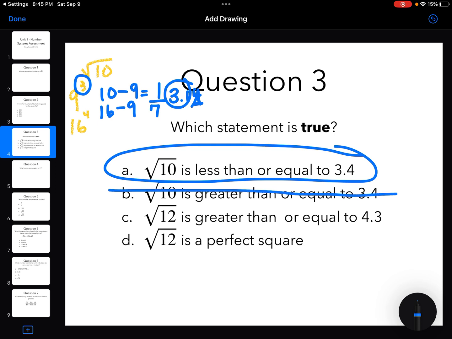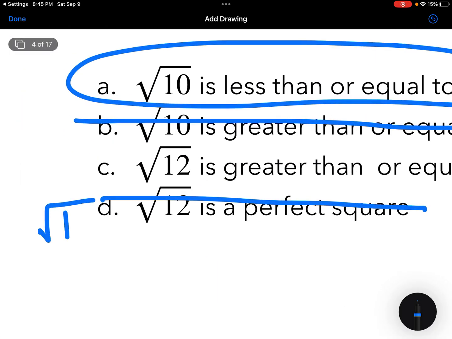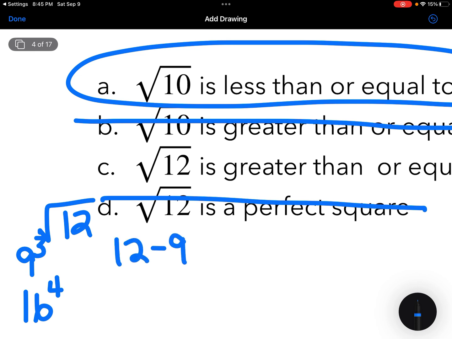Okay, so now let's think. 12 is not a perfect square, I know that for sure. The square root of 12 is greater than or equal to 4.3. Well, I've got 12, and I know that's going to be between 9 and 16 as well. Got my little 3 and my little 4, and I'm going to do 12 minus 9 and get 3, and 16 minus 9 and get 7.